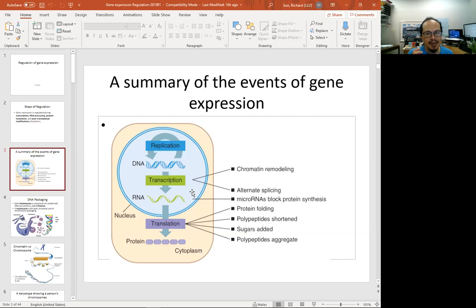It's also a way to make our products much more diverse. From the same DNA gene, we can have different kinds of products, different kinds of protein in the end. We can control the speed, the amount, and the variety.